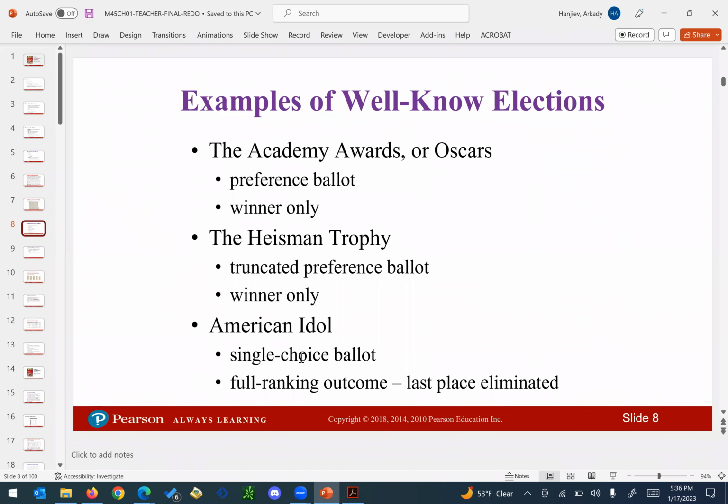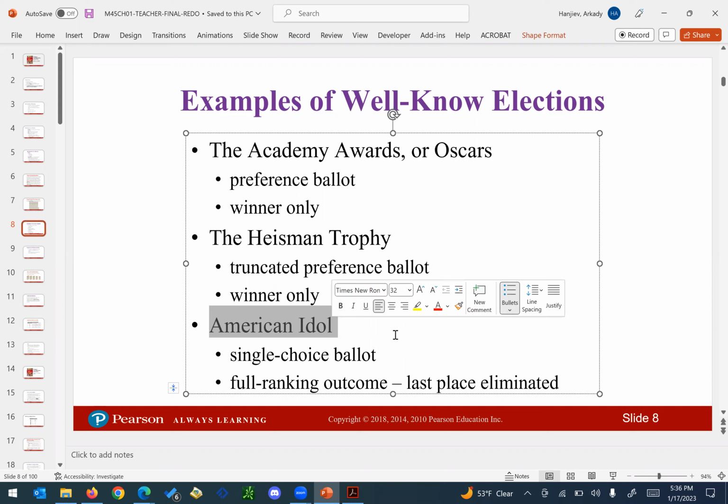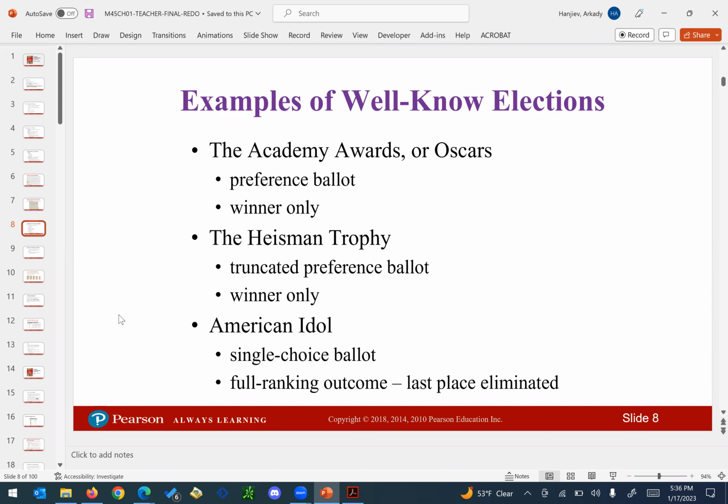There's a whole bunch of ballots, and then it's an elimination system. So the person with the least amount of points gets eliminated, and so on and so forth. But still, it's a preference system. So this is used even on a show that some people watch. I'm not sure if you watch it or not, but there's a ballot system method in the background to see who actually is the winner, or in fact, the loser who gets eliminated. Okay, so yes, there's all those things that happen.